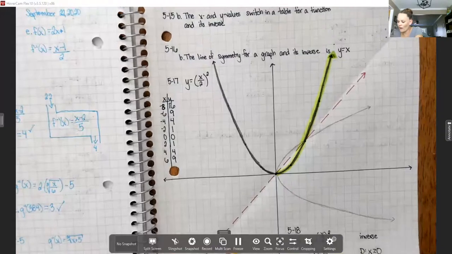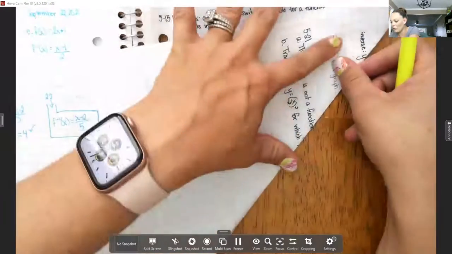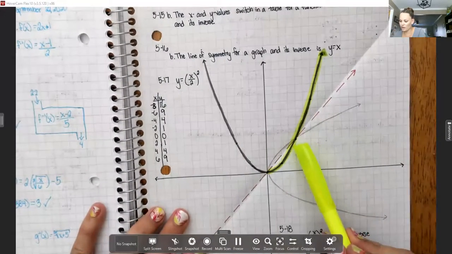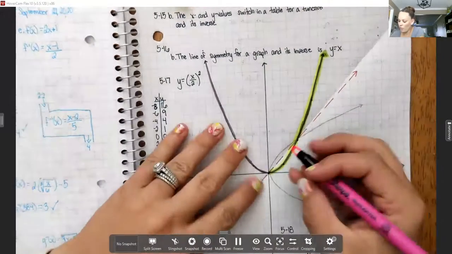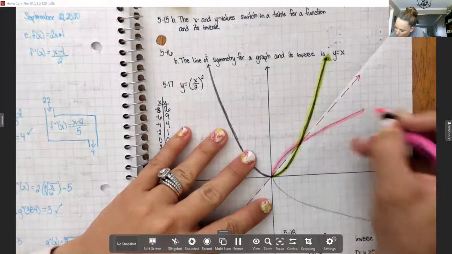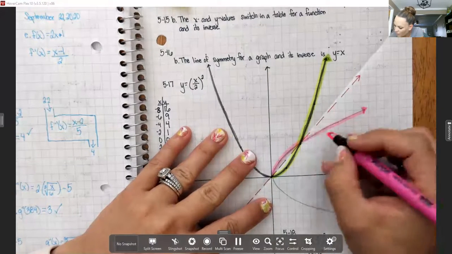So think about when I fold this, it's harder to see now. But remember, a point and its inverse have to be the same. So that yellow part would correspond to what I'm going to highlight in pink then. So it gives us the top half there.